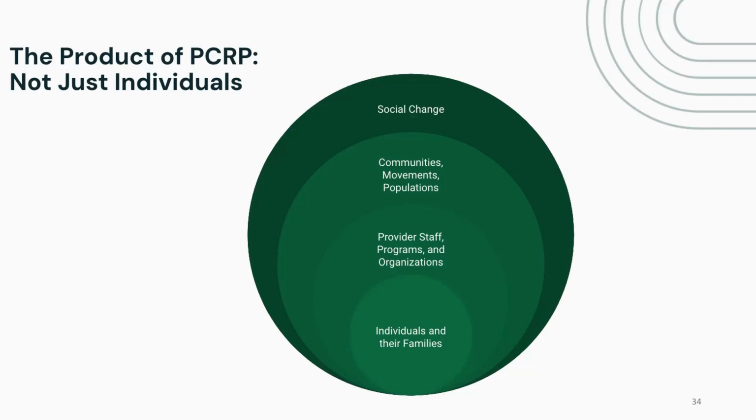In the philosophy section, we talked about how shifts at a larger scale have driven many of these changes, and even more broadly, shifts at a social scale with attitudes and paradigms about mental health continue to evolve too.